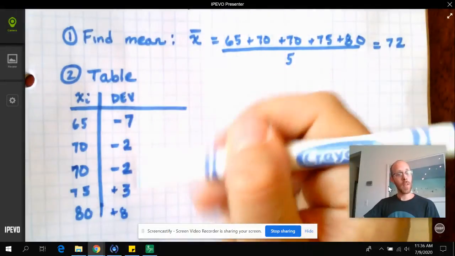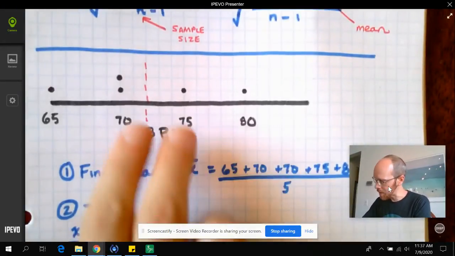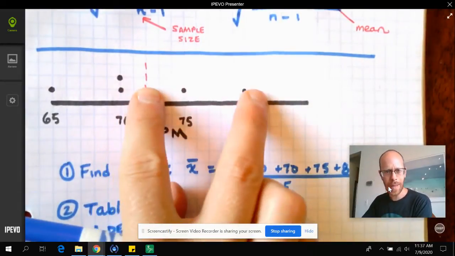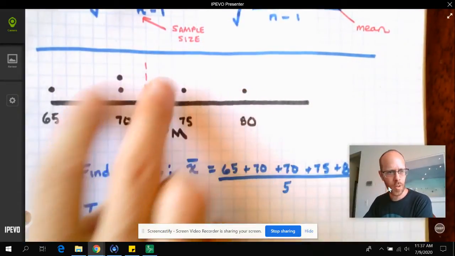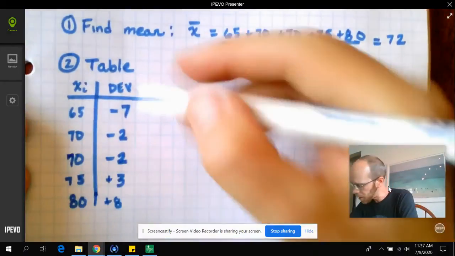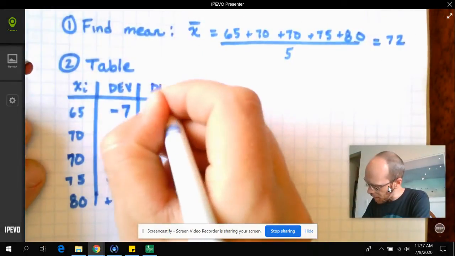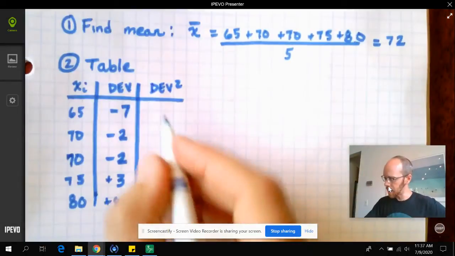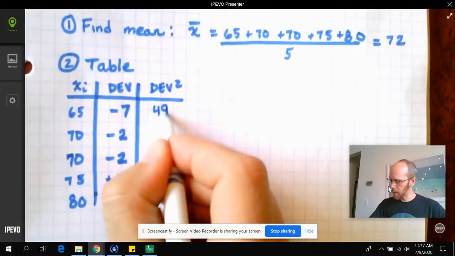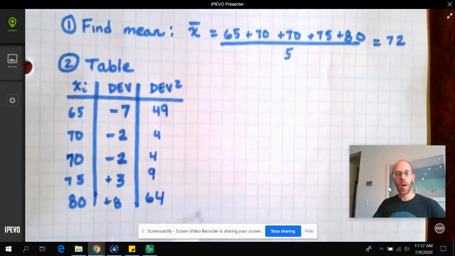You'll notice that these numbers that I've calculated here correspond to the distances up here. +3, +8, -2, -2, and -7. All right, so I've got my deviations. Now, as we saw in the formula, we need to square them out. So I'm going to square each one of these deviations, which is going to give us 49, 4, 4, 9, and 64.